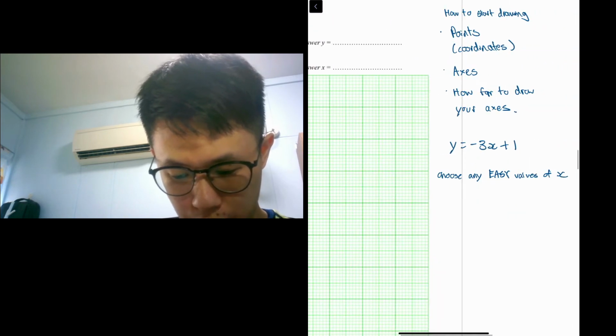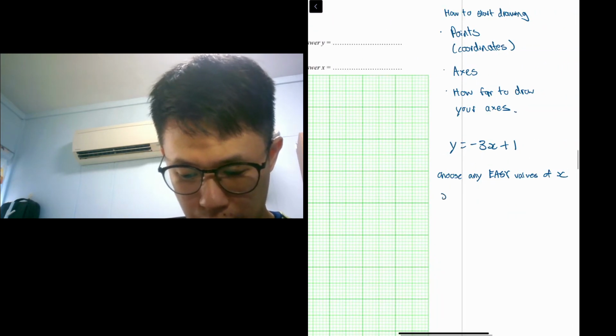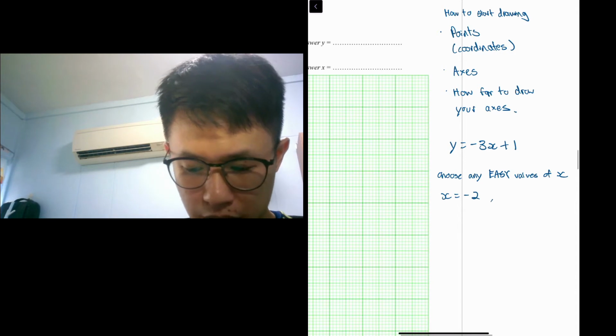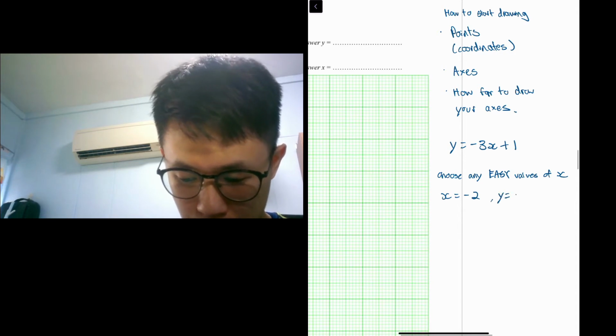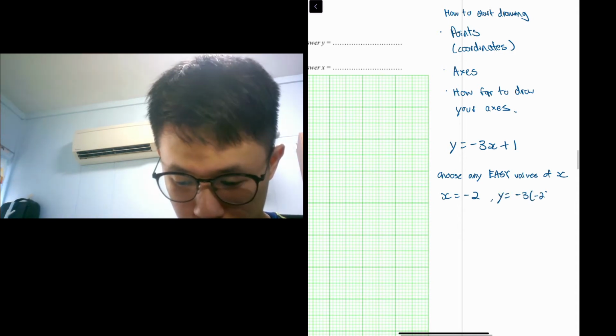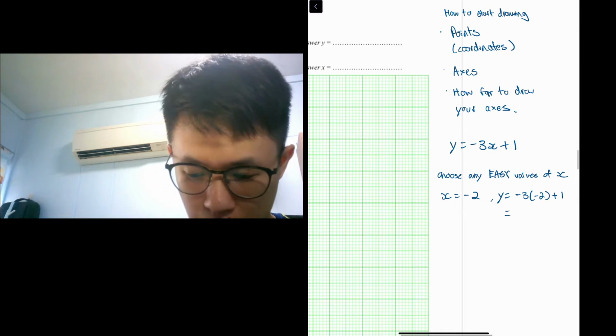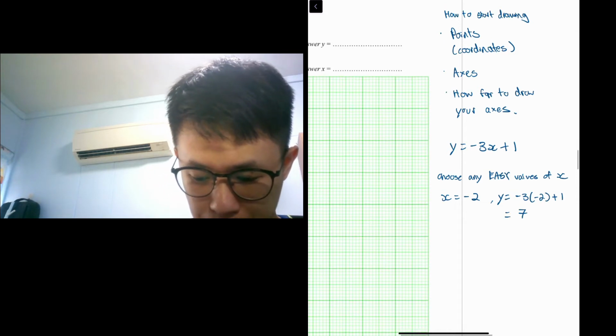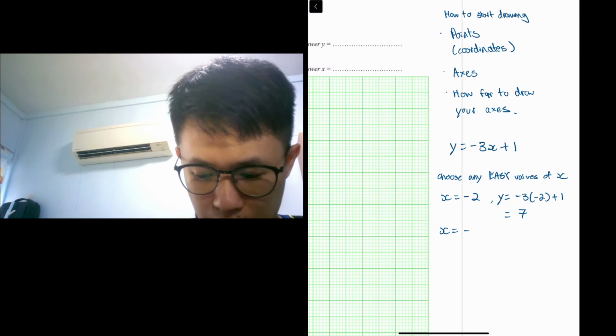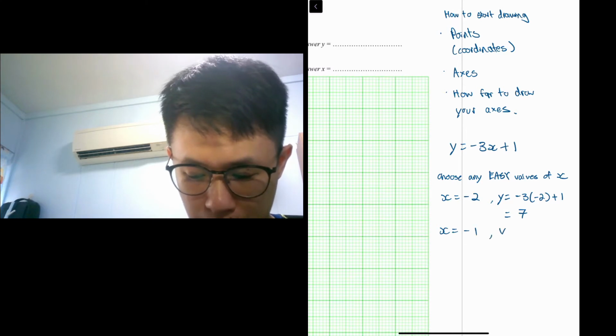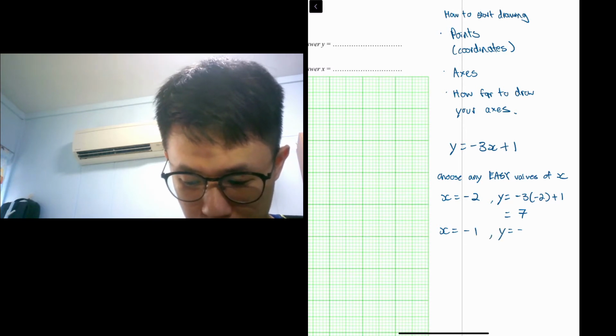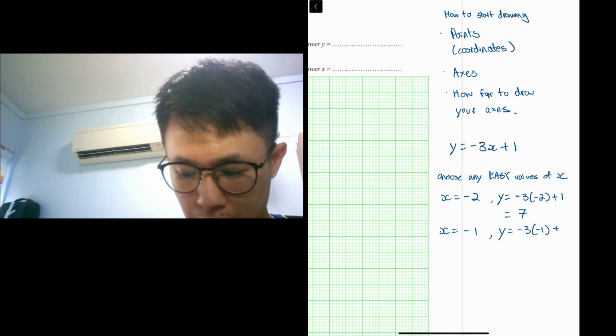I'm going to choose when x equals negative 2. What is y equal to? y equals negative 3 times negative 2 plus 1. Use your calculator, you will have 7. When x equals negative 1, y equals negative 3 times negative 1 plus 1.